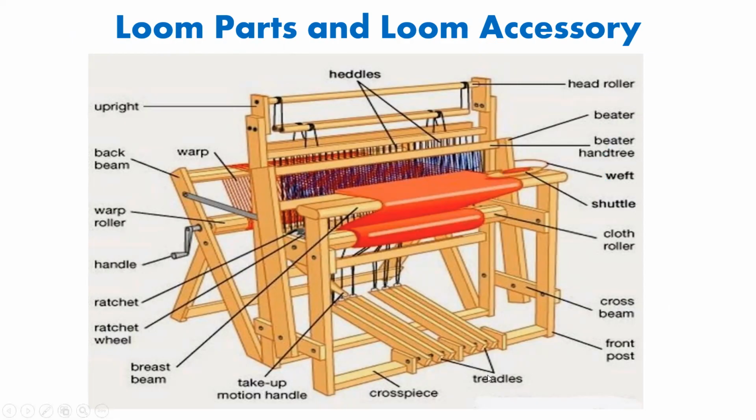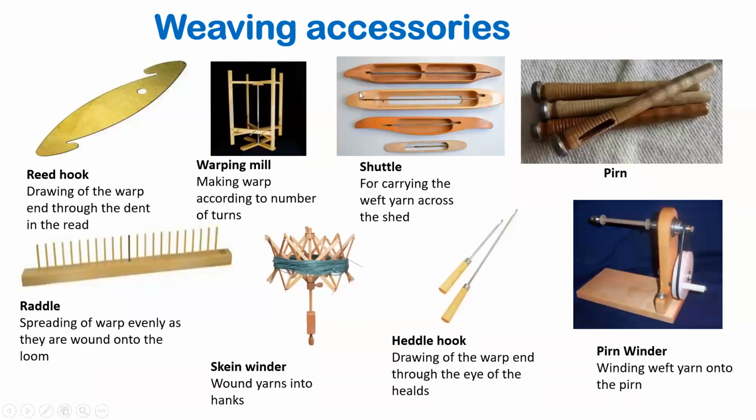The treadles, we have the crossbar, they are all parts of the loom, the breast beam where you sit. So here is at the level of your breast. That one too is a loom part.